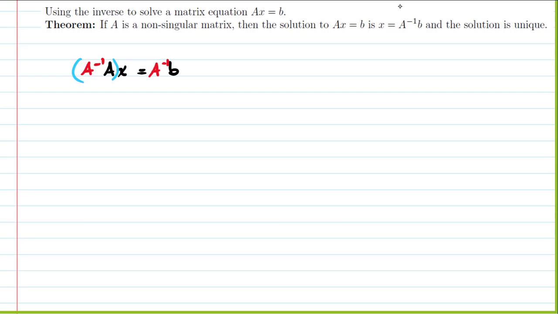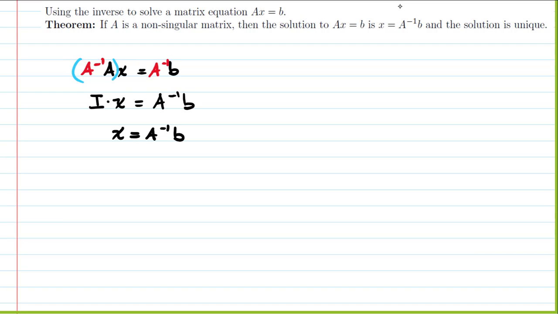Well, when we do that, A inverse times A gives us the matrix I. But I times any matrix just gives you back that matrix because I behaves like 1. So indeed, the solution then is A inverse times B. Furthermore, if the matrix is non-singular, the solution is guaranteed to be unique.